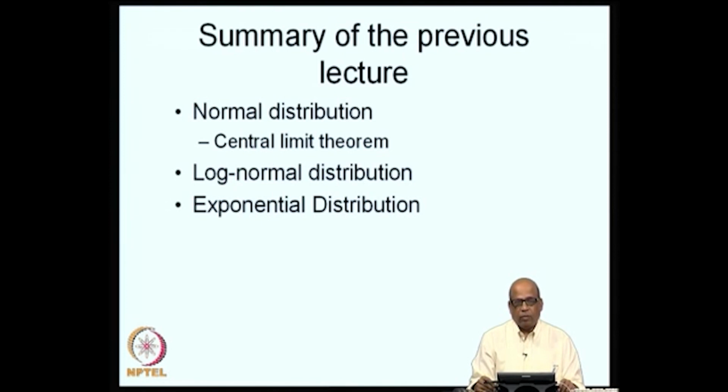If you recall, the two limitations of the normal distribution for hydrologic applications are that the random variable following the normal distribution has a range from minus infinity to plus infinity, and therefore, there is a finite probability associated with negative values when we use the normal distribution.